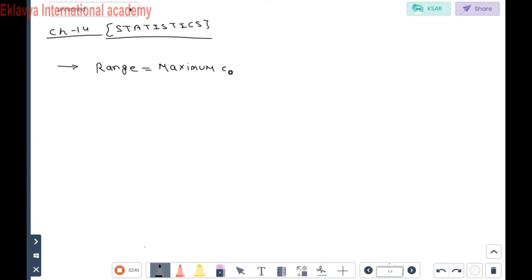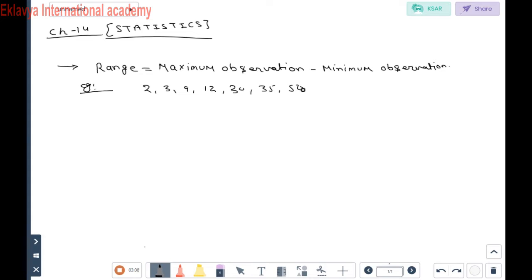That is, maximum observation minus minimum observation. For example, students, given to you 2, 3, 9, 12, 30, 35, 50.